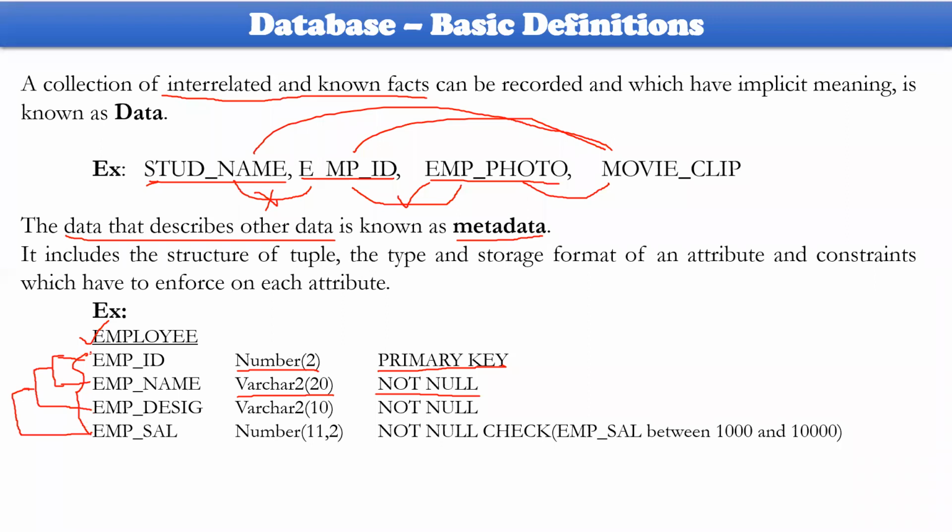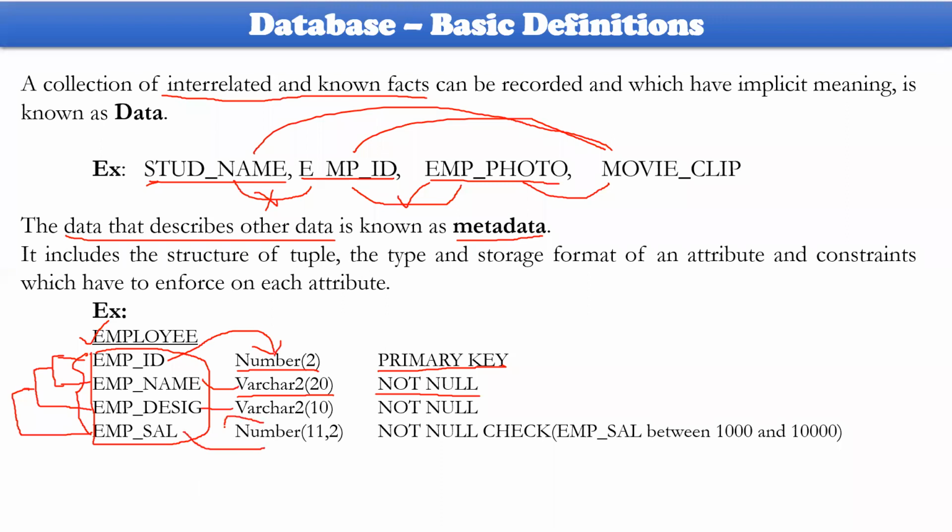So this collection of items will be called data. This whole thing will be called data. And if you define how exactly this data behaves, in the sense, it may take numbers, and this could take characters, this could also take characters, and this could take a number.